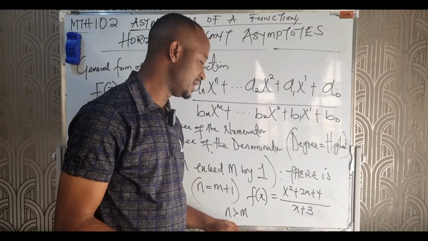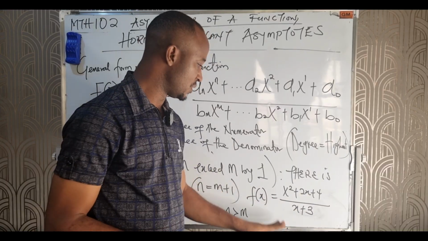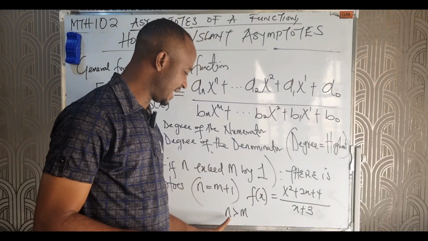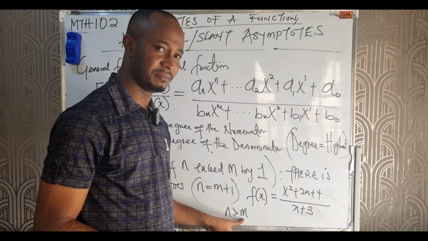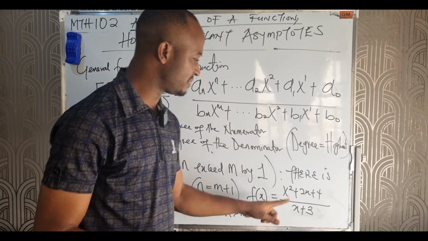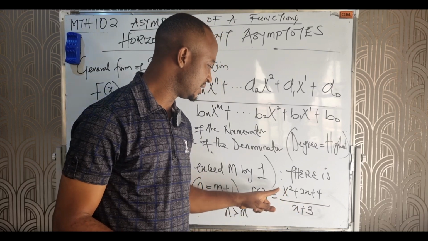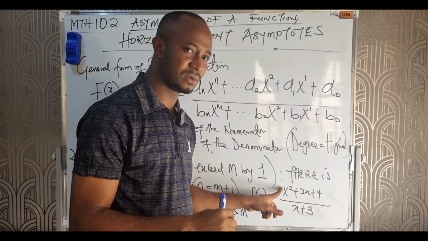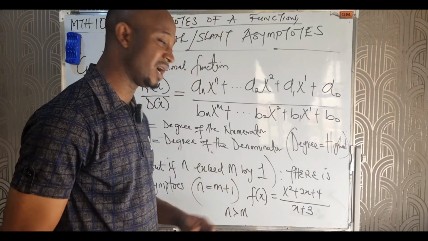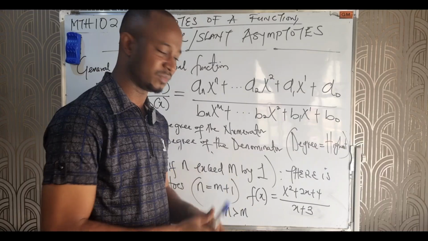So my n is greater than m, which means there is no horizontal asymptote. But n exceeds m by 1; the difference between this power and this power is 1. Since the degree of the numerator is greater than that of the denominator by 1, we have a slant asymptote.